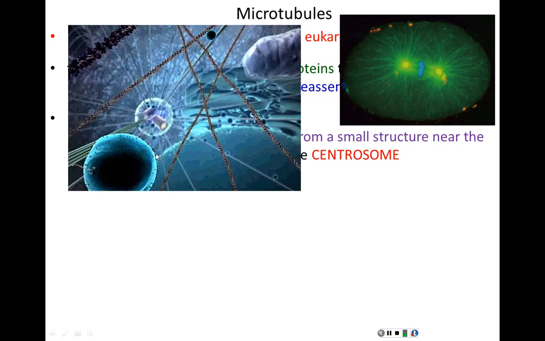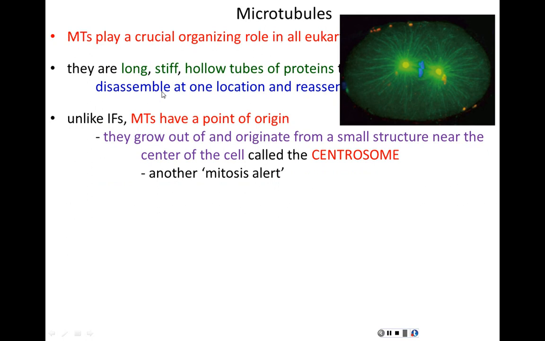This is just a really cool picture of a centrosome, a general artist's depiction of it. But you can see the centrosome almost looks like a spoked ball. All of these tubes coming out of this central structure here are microtubules. They all originate at the centrosome. So we have to talk about it again.